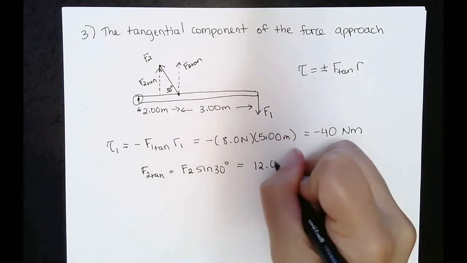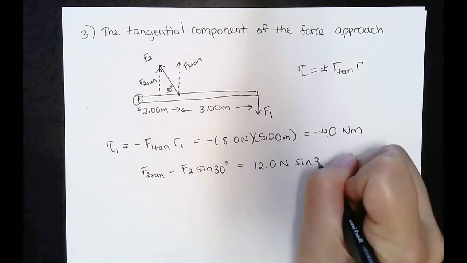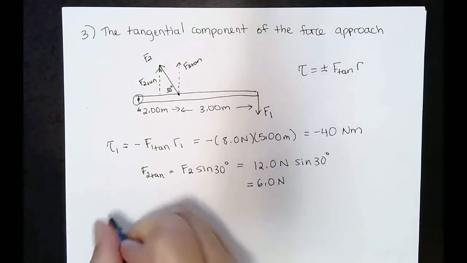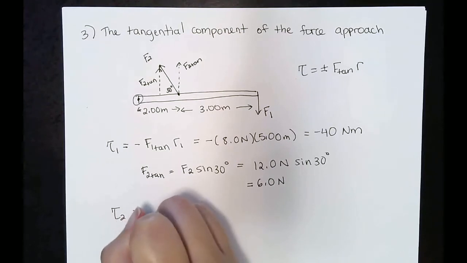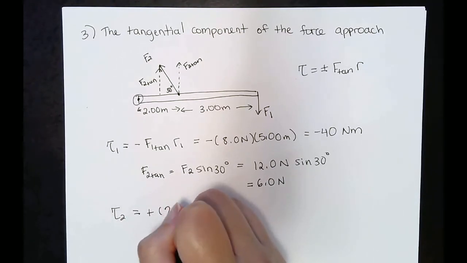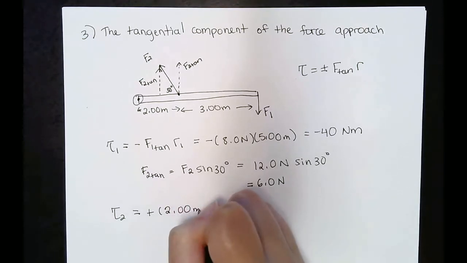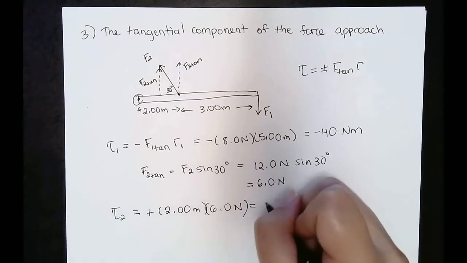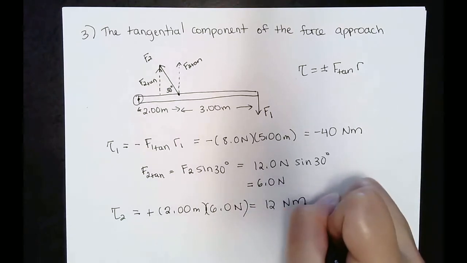So 12 newtons sine 30, which is 6 newtons. And now plugging that into torque 2, our counterclockwise torque is going to be plus that 2 meters times 6 newtons, which gives positive 12 newton meters.